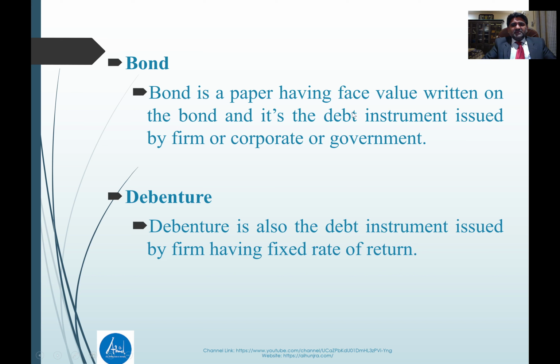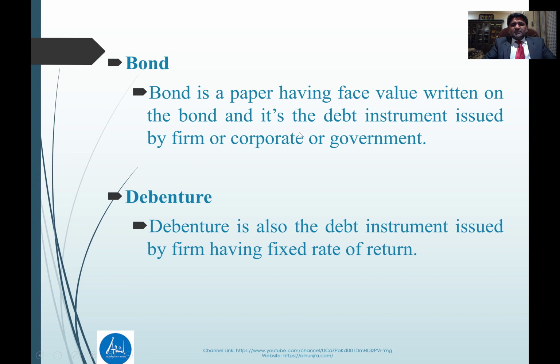Bond is a paper having the face value written on the bond, and it's a debt instrument issued by a firm, corporate or government. What is face value? That is the price of the bond written on the bond, held till maturity.